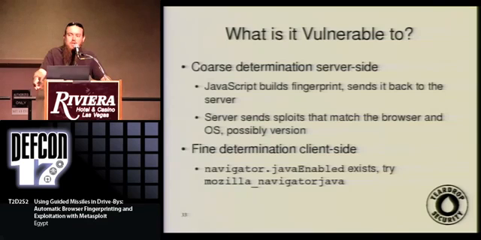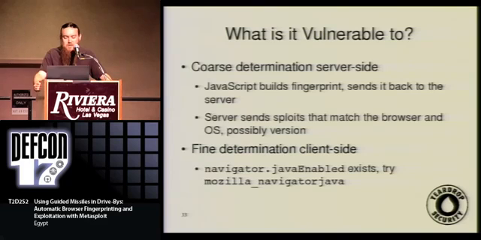Then, on the client side, we've got all of these exploits, and we can make a fine determination of which ones might work. So the example here is Mozilla Navigator Java, which requires the Java plugin to be enabled. The test for that is very simple.